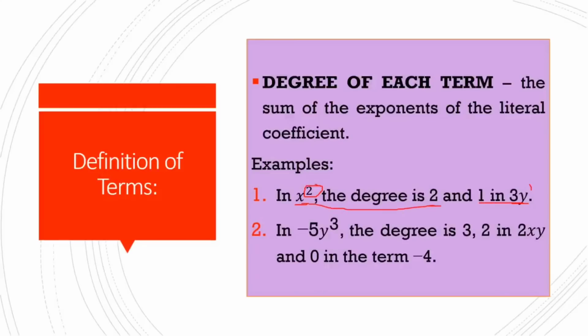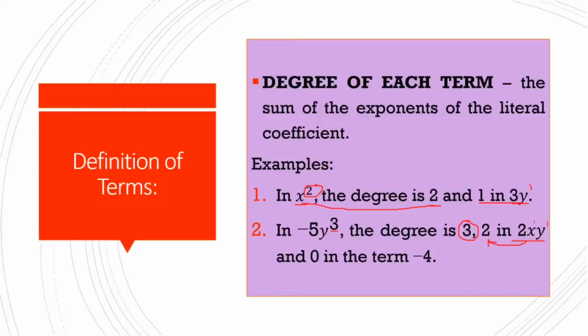For number 2, in negative 5y cubed, the degree is 3, since the exponent of our literal coefficient is 3. For this one, its degree is 2. How did we get 2? Because the exponent of x is 1 and the exponent of y is 1.